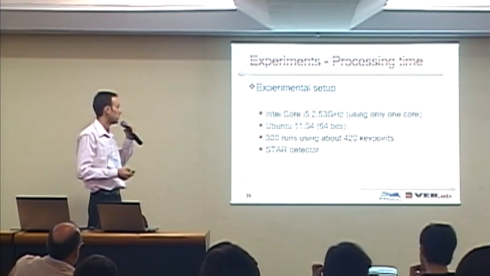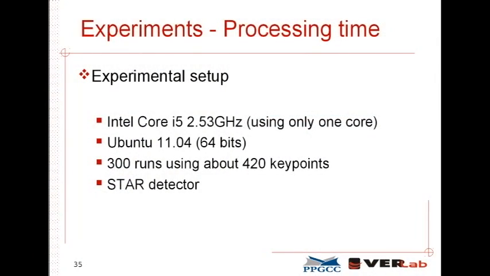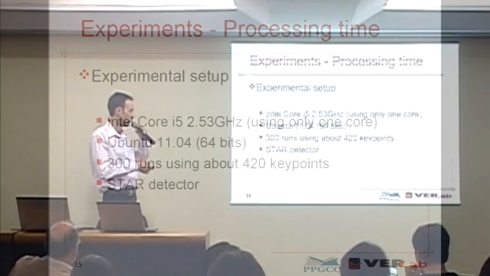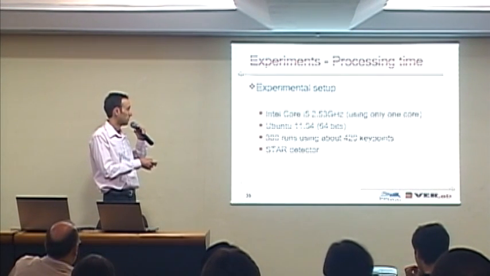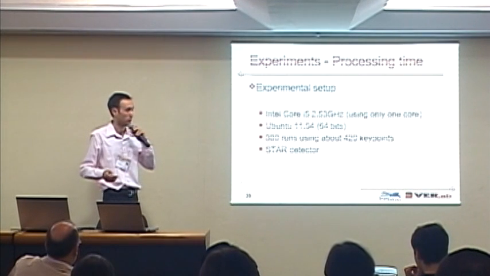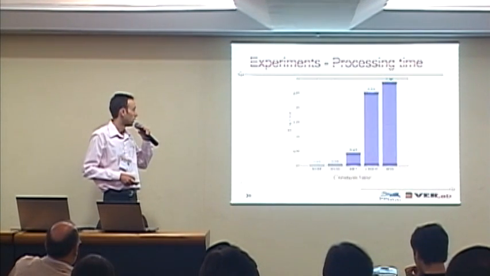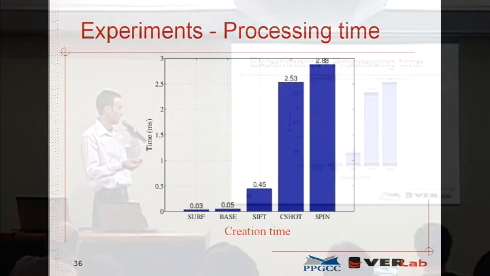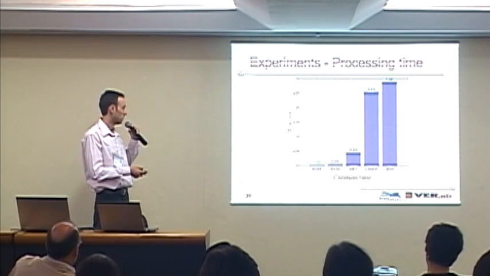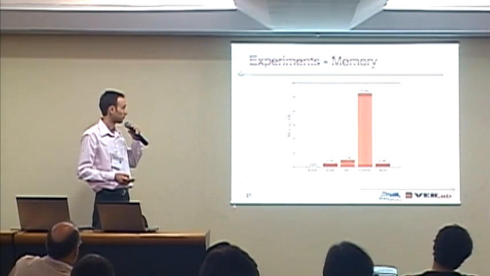To measure the performance of our descriptor, we performed 300 runs using about 420 key points detected by the STAR detector using a Core i5 machine. So we can see here that BASE was faster than SHOT, but spent a little more time than SURF.